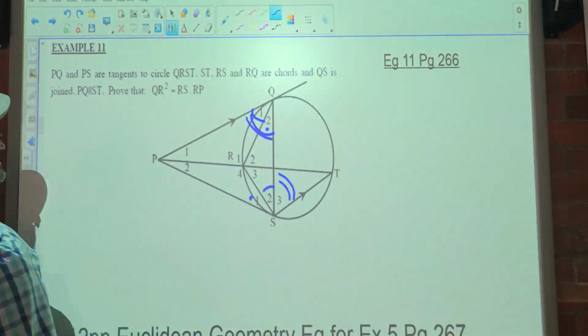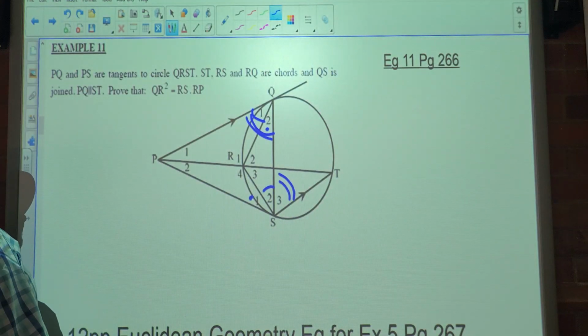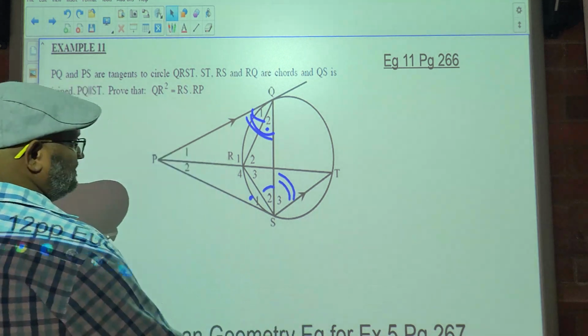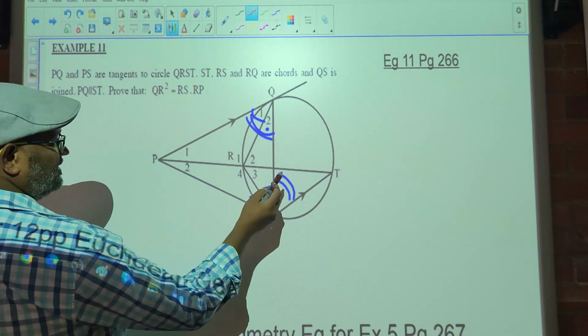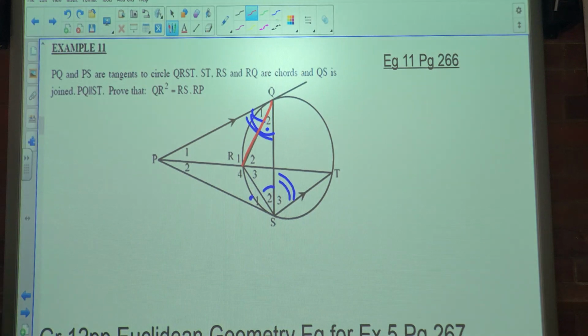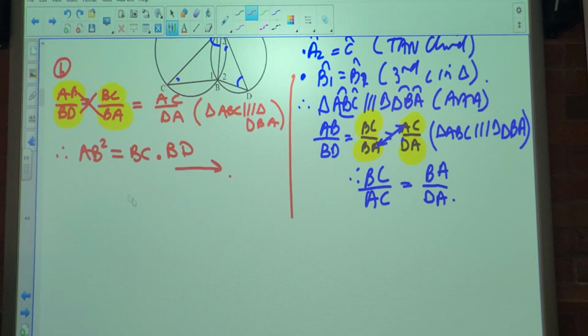Now the question says, prove that QR squared. So let's go, QR squared with QR, this one here. If it's QR squared, what does that mean? I must use it twice. So earlier on, how did I get AB squared?